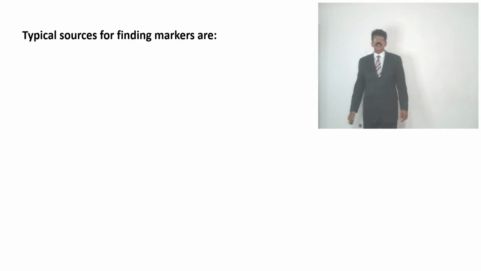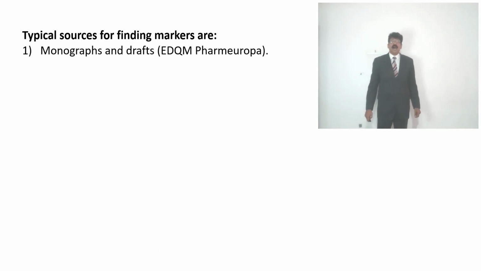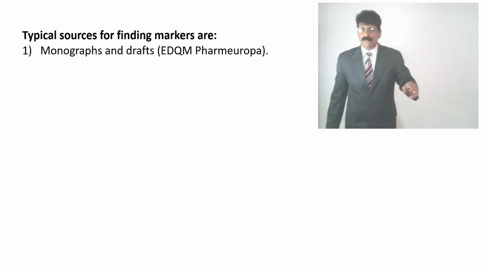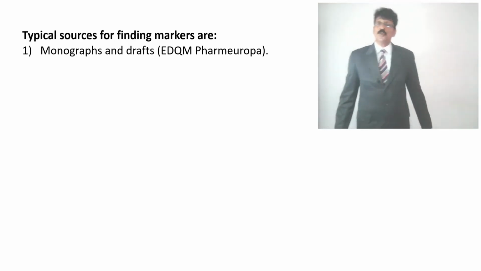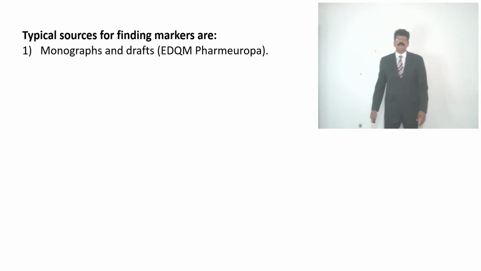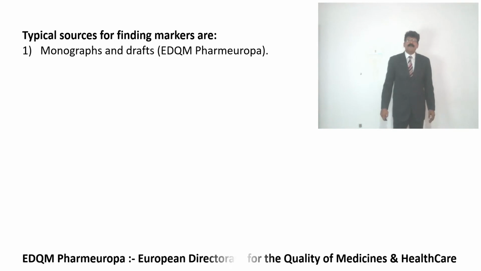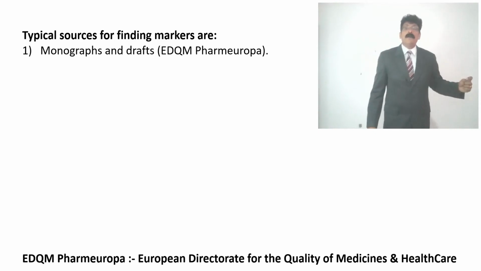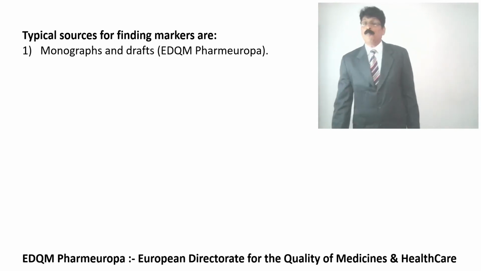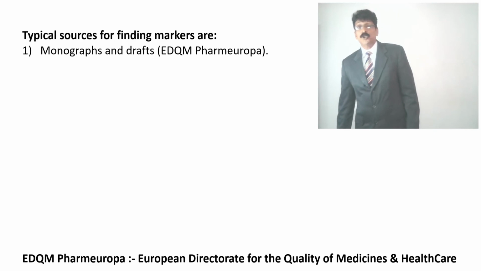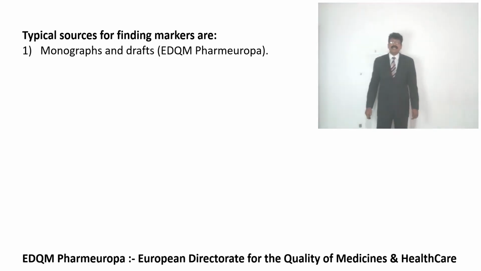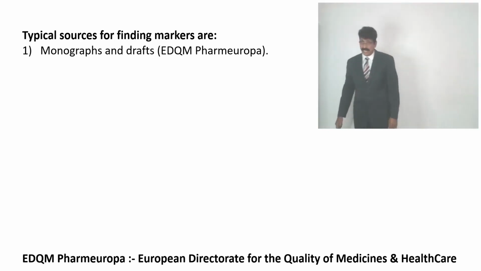Typical sources for finding markers are: number one, where to find, determine, make and select them: the monograph and the draft given by EDQM, Pharma Europa. EDQM is the European Directorate for Quality of Medicines and Healthcare.